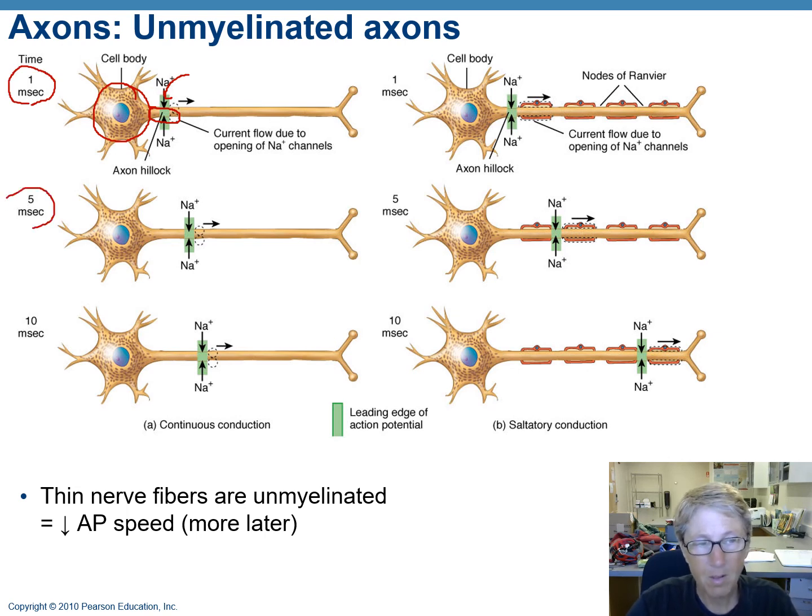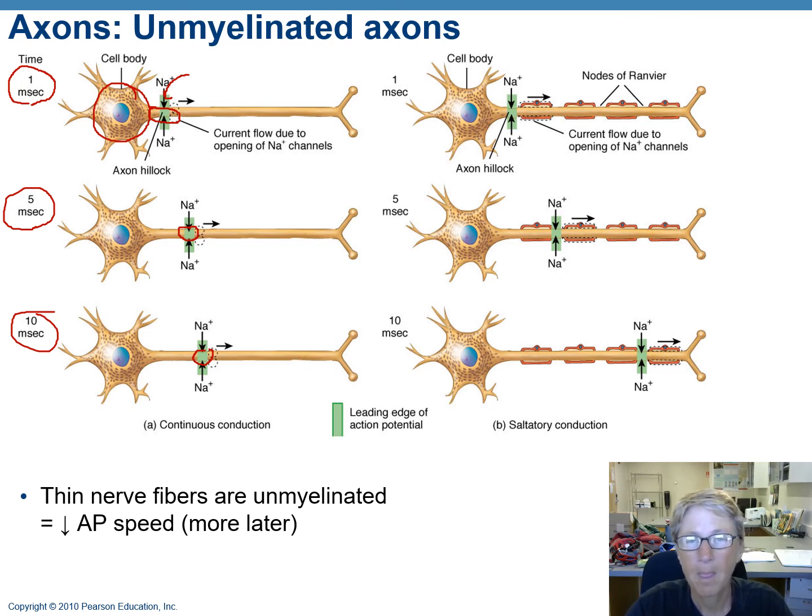After 5 milliseconds, through a series of opening and closing of voltage-gated sodium and potassium channels and the sodium-potassium ATPase, the signal or action potential has gotten to this part of the neuron. After 10 milliseconds, the signal has gotten to this part of the neuron. This is an action potential in an unmyelinated axon.